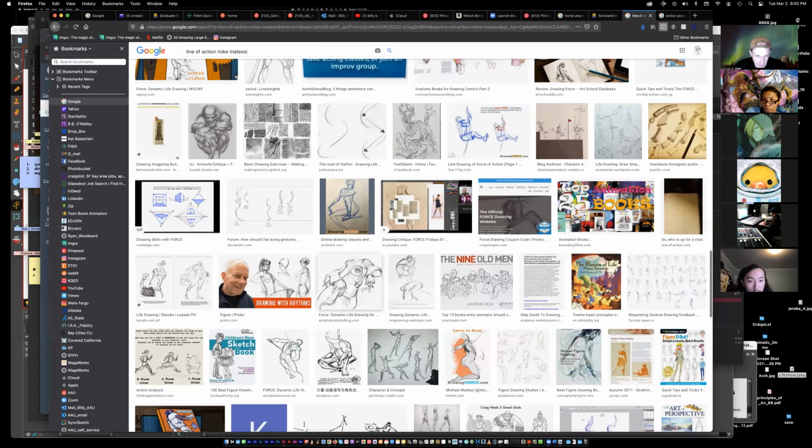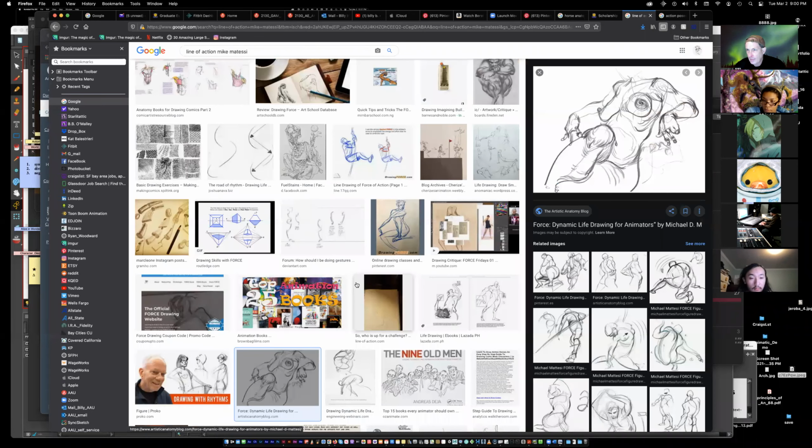This is like him seeing the force in every single line that he's drawing. And so he's like the force maniac. Like, whoa, it's a great drawing. And again, he's capturing the pose and exaggerating it at the same time.